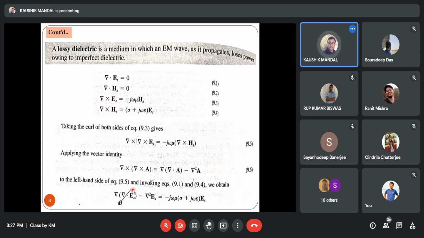You see that divergence of ES equal to 0, so only on the left hand side it becomes minus grad square ES. That is equal to minus j omega mu of curl HS. Curl of HS, from 9.4, is sigma plus j omega epsilon into ES.